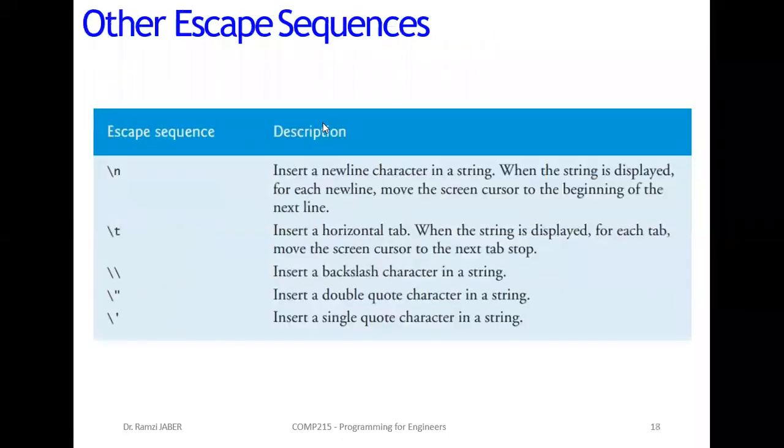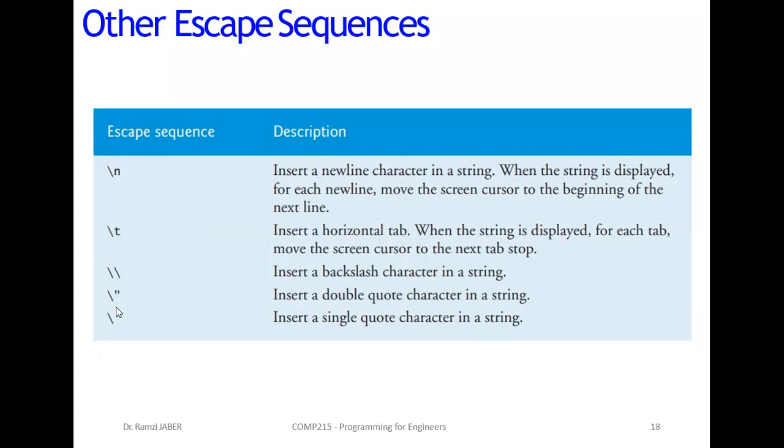Now we have escape sequences. Escape sequences, when we write them, are similar to C, C++ and Java. These are the same. Backslash n, new line. Backslash t, tab, a horizontal tab of between 5 to 8 spaces. Double backslash means you want to insert a backslash.